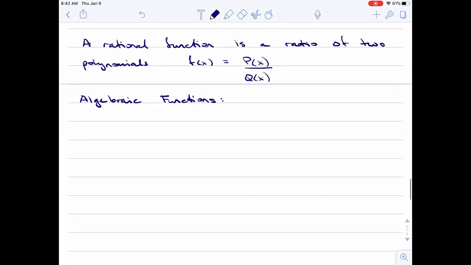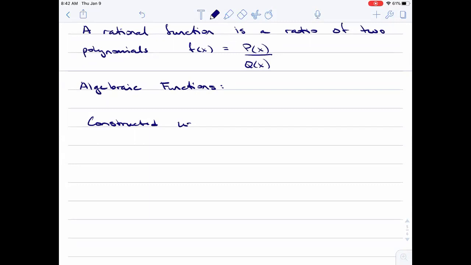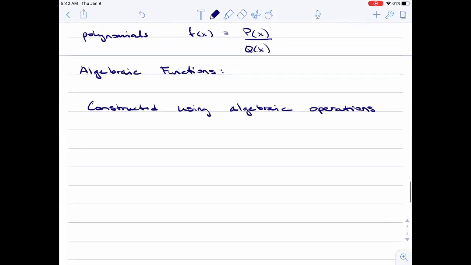So constructed using algebraic operations, so addition, subtraction, multiplication, division, and roots. Square root being the most common, but we can take other roots.